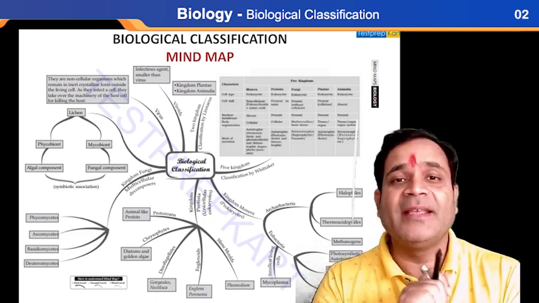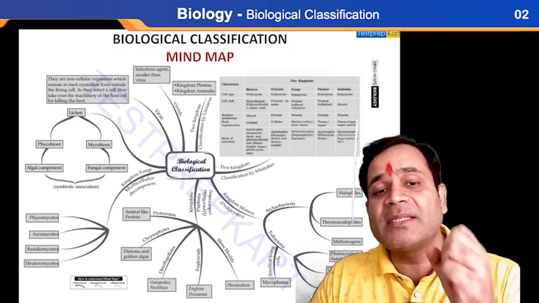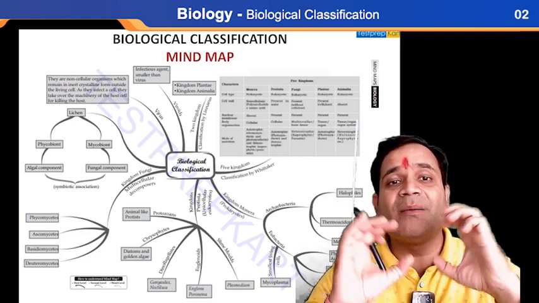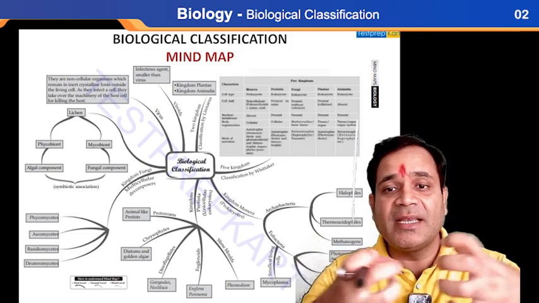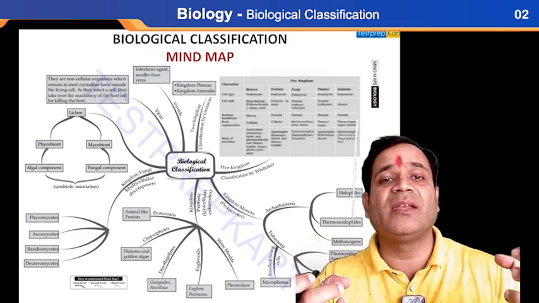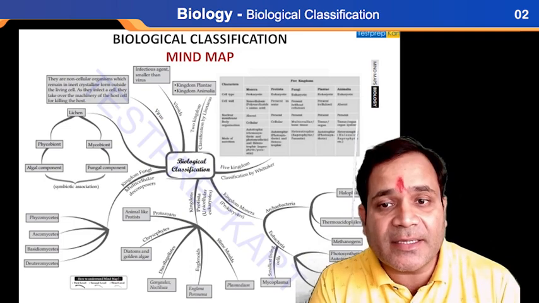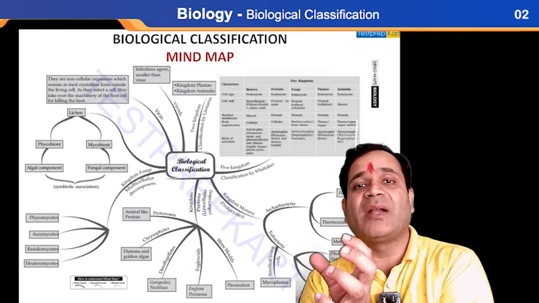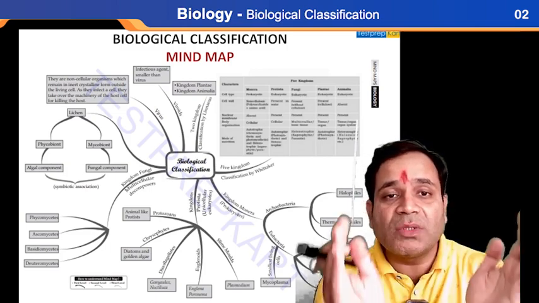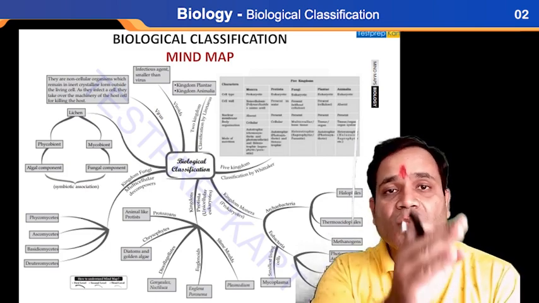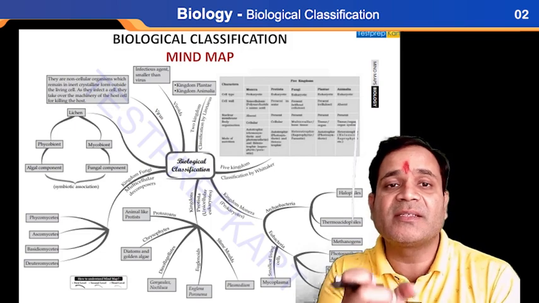Am I right? Yes. So if I say biological classification, there are many branches of this classification, my dear. See how these branches help you know all the distinct parts and the basic things given here.